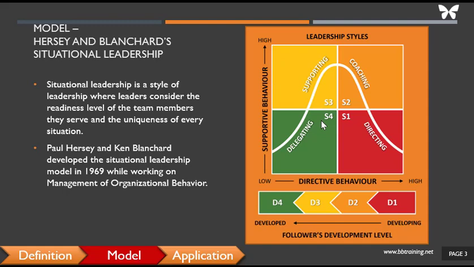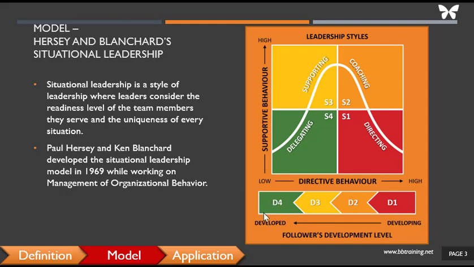And then again, the leader starts letting go, and comes to delegation, where, as you can see, the directive and the supportive, both styles are going into low. And here in the development continuum, the individual who was really low on skill is now extremely high on skill as well as will.